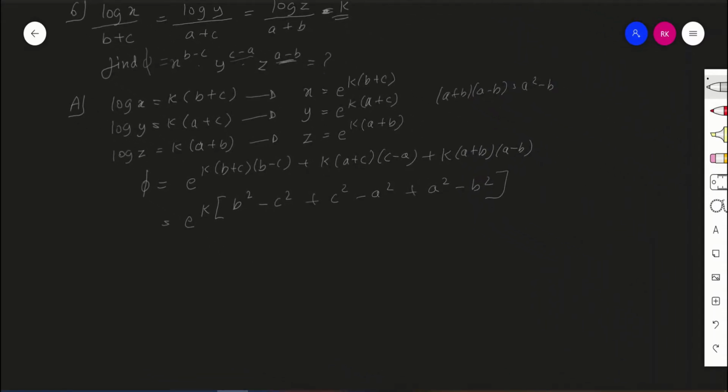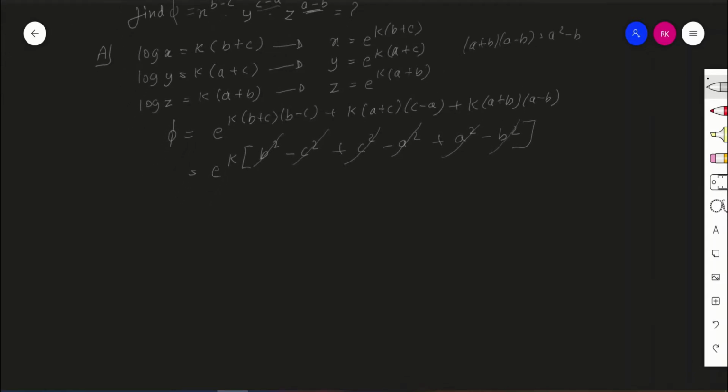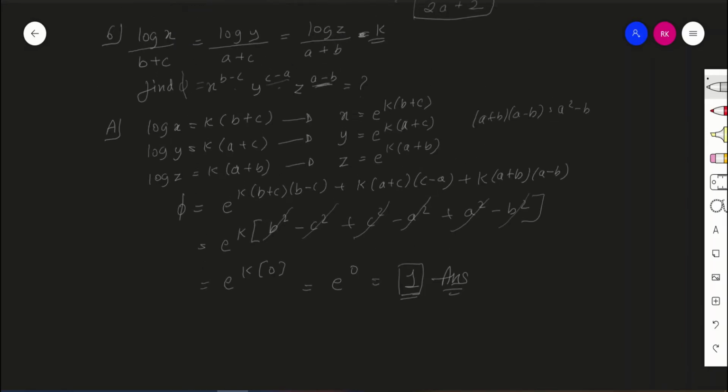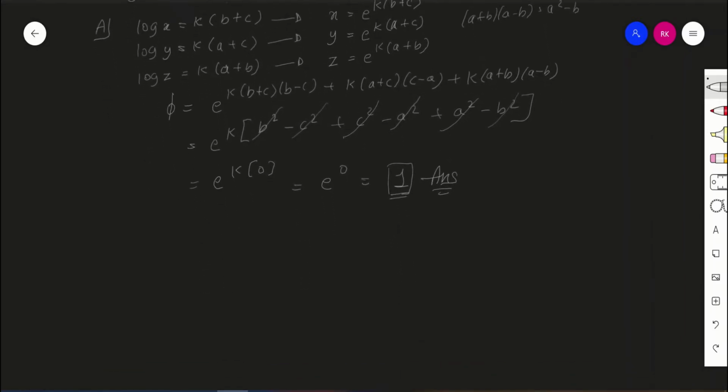So minus b square with this plus b square, a square with a square cancel. So this is going to return me k raised to the power 0. It's going to return me e raised to the power 0, which is equals to 1. So that's my answer for question number 6.